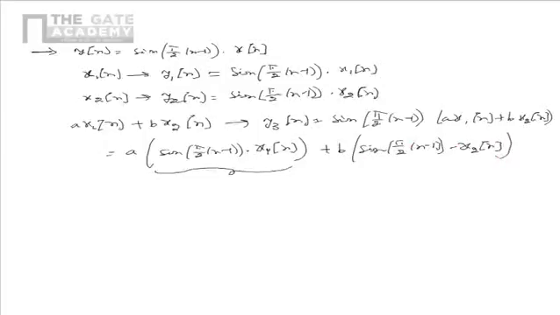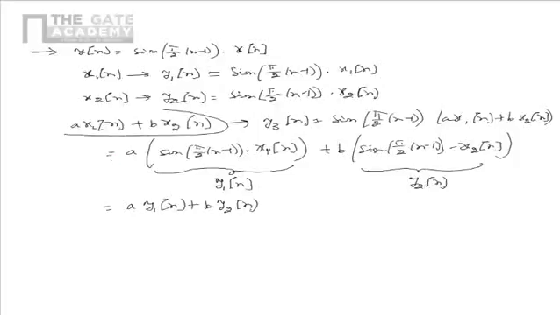We know that the quantities being marked are equal to y1 of n and y2 of n. So we can write the output as a into y1 of n plus b into y2 of n. So from this we see that for linear combination of the inputs, we got linear combination of the outputs. So from this, the system is linear.